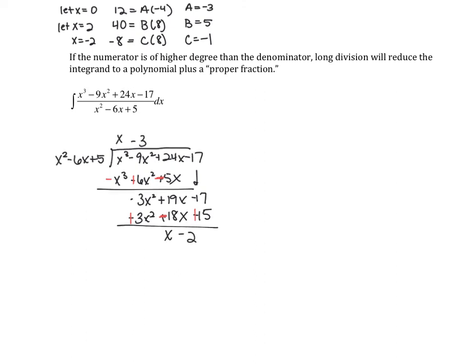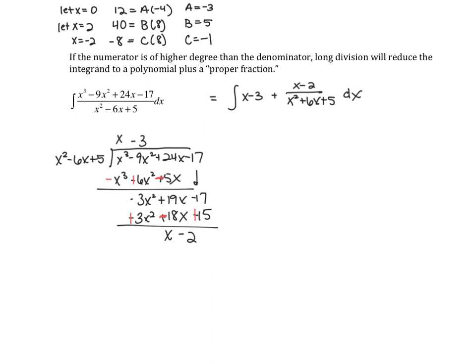And that's my remainder because x squared does not divide into x evenly. So really, I could rewrite this integral to be the integral of x minus 3 plus x minus 2 over x squared minus 6x plus 5.